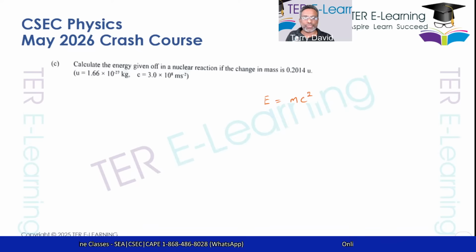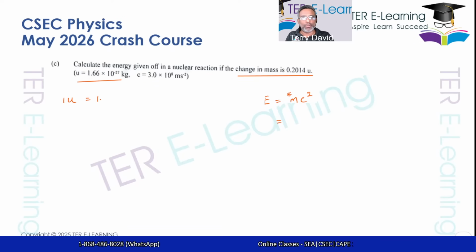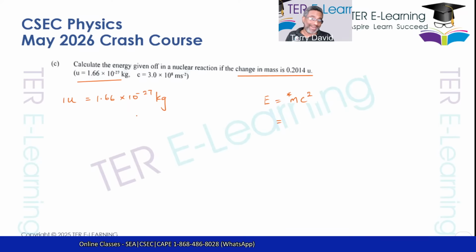We need mass, but mass has to be in kilograms. 1 U is equal to 1.66 by 10 to the minus 27 kg, and they will give us this in the exam. You need this to convert from U into kg.